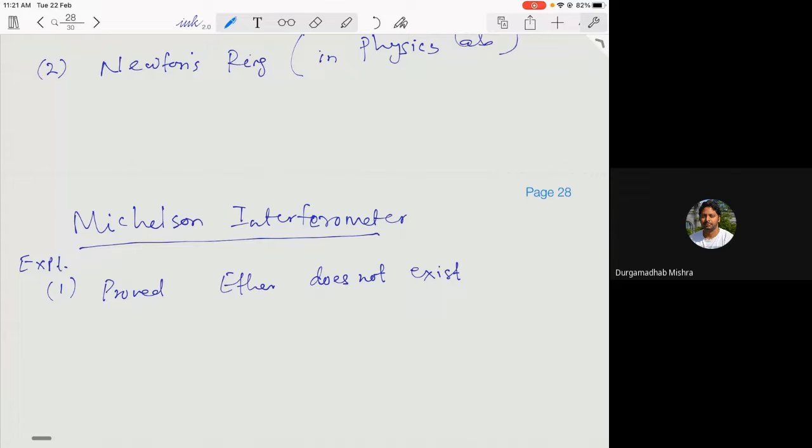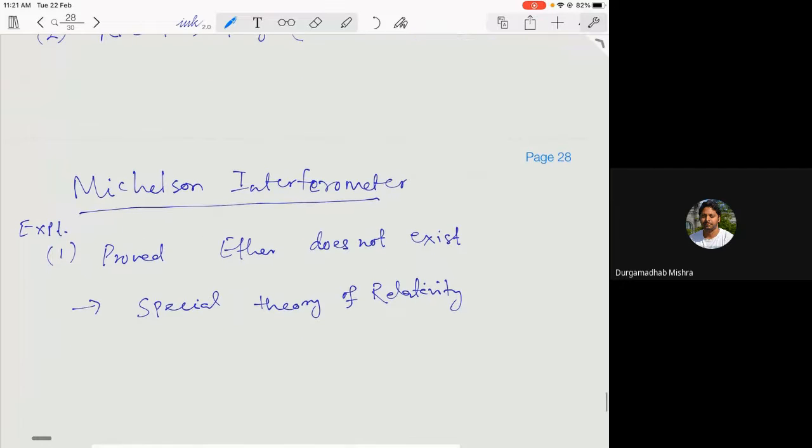So it proved that ether doesn't exist, and it led to the special theory of relativity by Einstein. This basically tells you that space and time are not independent, so you represent the motion of any particle or any mass as a function of space and time always.